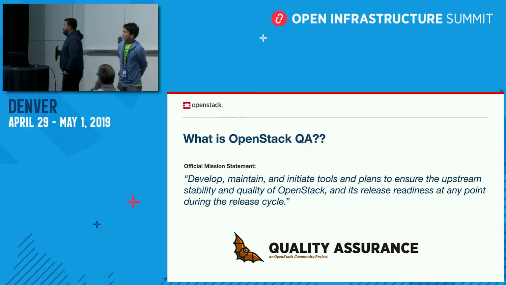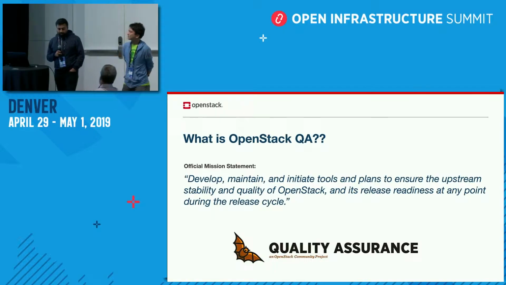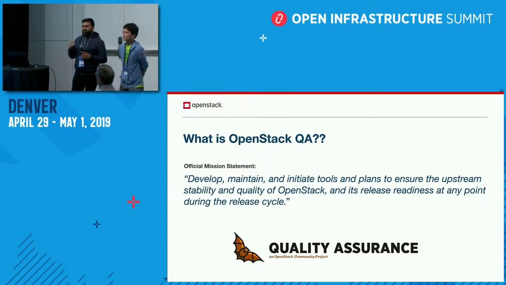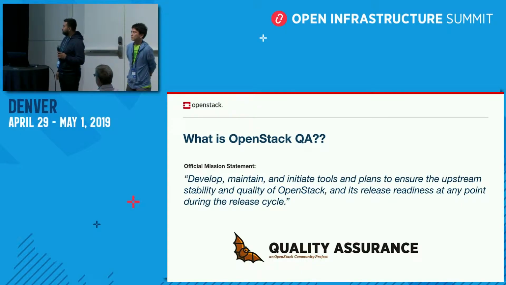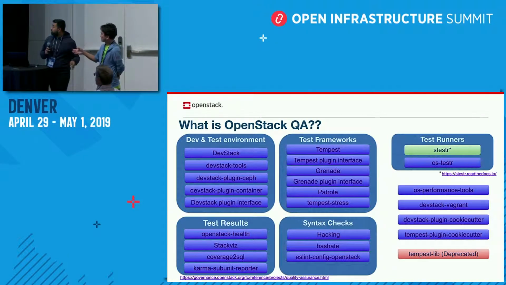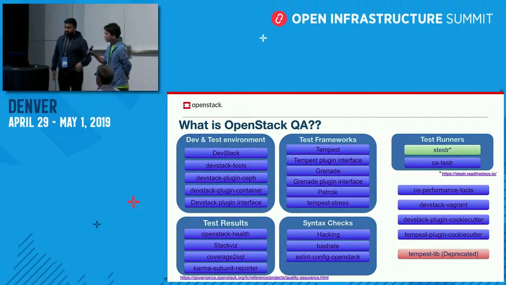And every release we make sure nobody introduces backward incompatible changes, and nothing breaks at the last moment. As I said, we are running a lot of gate jobs every day, so if anything is broken, it can be found immediately and fixed. Masayuki will explain all the QA things.